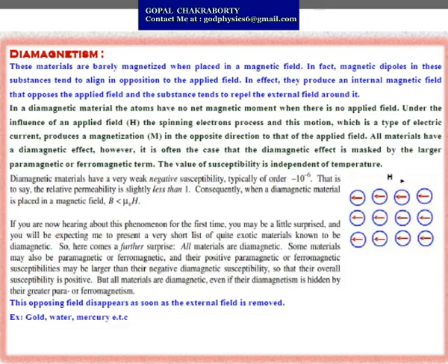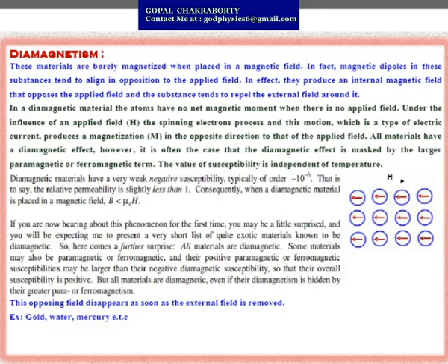external field around them. In a diamagnetic material, the atoms have no magnetic moments when there is no applied field. Under the influence of an applied field, with field intensity H, the spinning electron process and their motion, which is a type of electric current, produces a magnetization in the opposite direction to that of the applied field.